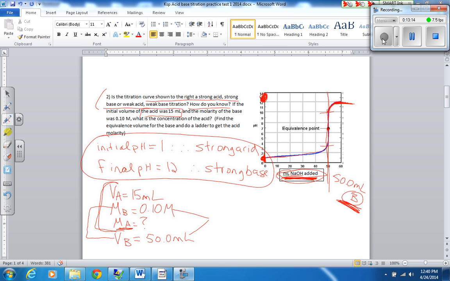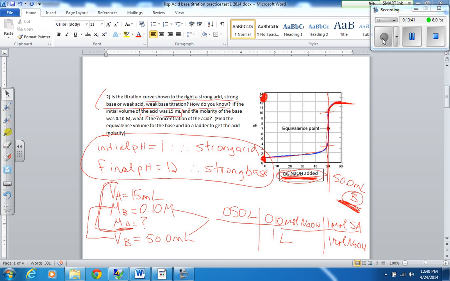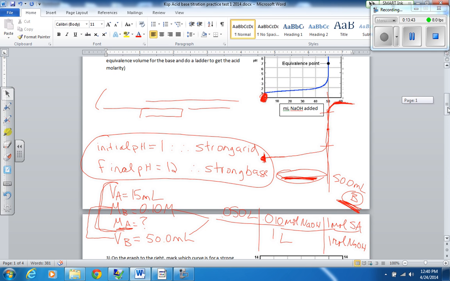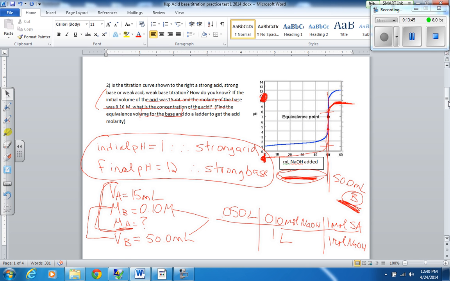So I have 0.050 liters times molarity of the base, and we use that as a conversion factor. 0.10 moles NaOH to 1 liter, and then 1 mole NaOH to 1 mole of strong acid, we know it's a strong acid, so I'm going to write SA for strong acid.